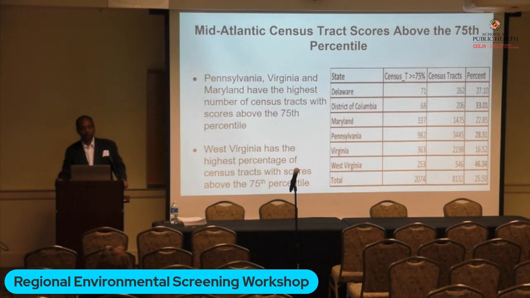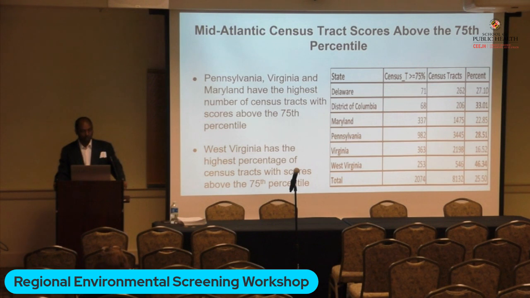What if I try to see, out of my 100 scores, how many census tracts in each state score greater than the 75 percentile? As you can see, Delaware has 71, District of Columbia has 68, Maryland has 337, Pennsylvania has 982, Virginia has 363, West Virginia has 253.